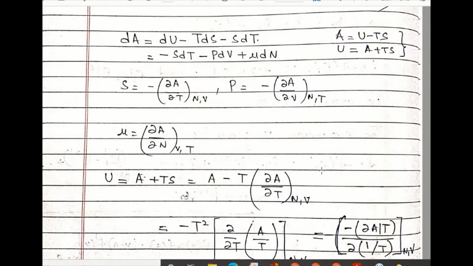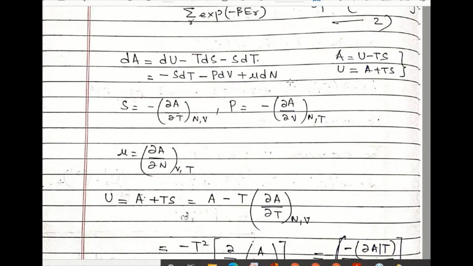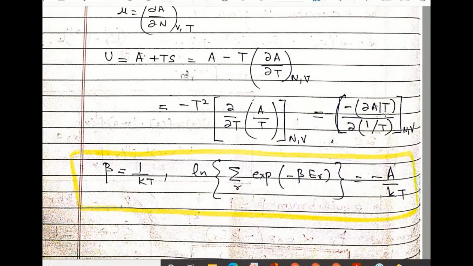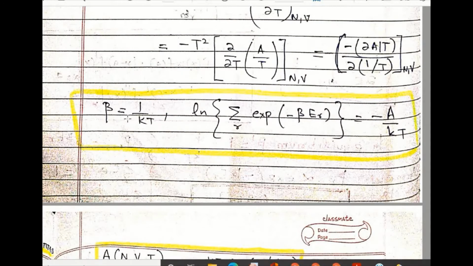So if we are able to get the Helmholtz free energy from this expression, then a lot of parameters can be derived. You write U is equal to A plus TS, which is A minus T dou A by dou T at constant N, V, and on analysis you get the expression minus dou of A by T with respect to dou 1 by T at constant N, V. Now we know beta is equal to 1 by kT.